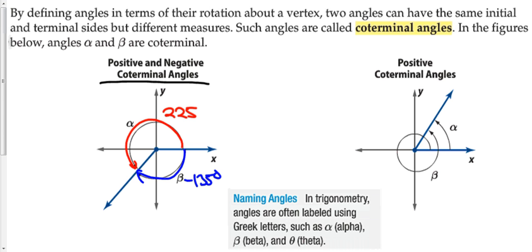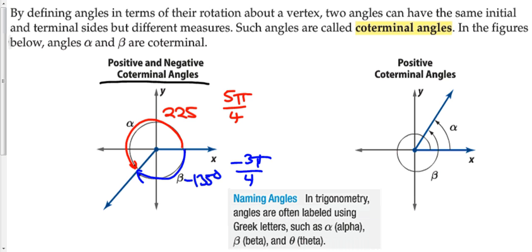Also, you got to be able to think about this in terms of pi. So the red one would be about 5 pi over 4, and my blue angle would be a negative 3 pi over 4.